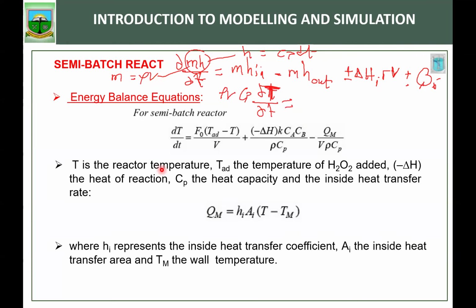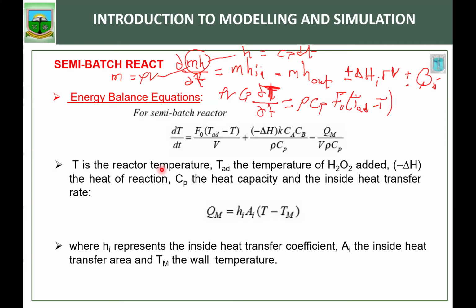So this one here will also give us rho Cp F0 delta T, which is going to be the temperature being added minus the temperature in the system.